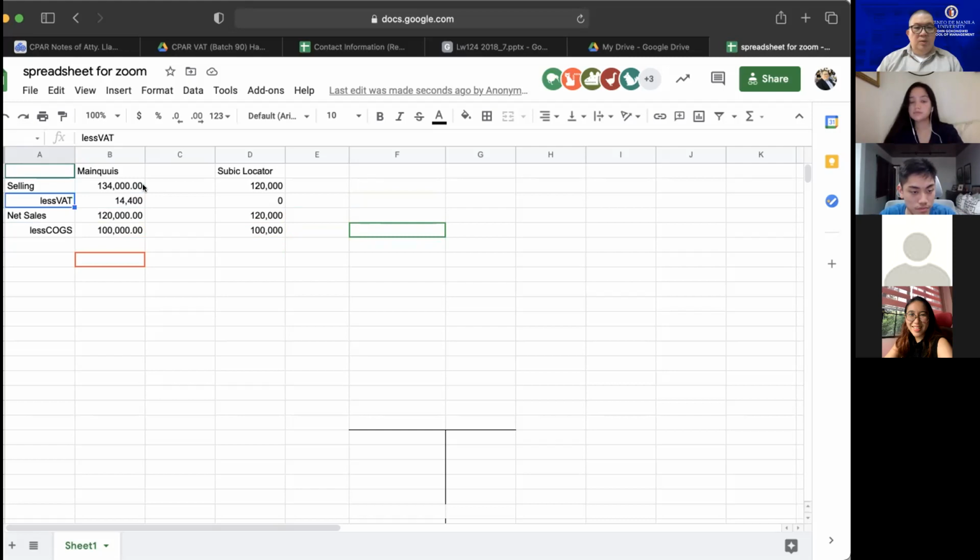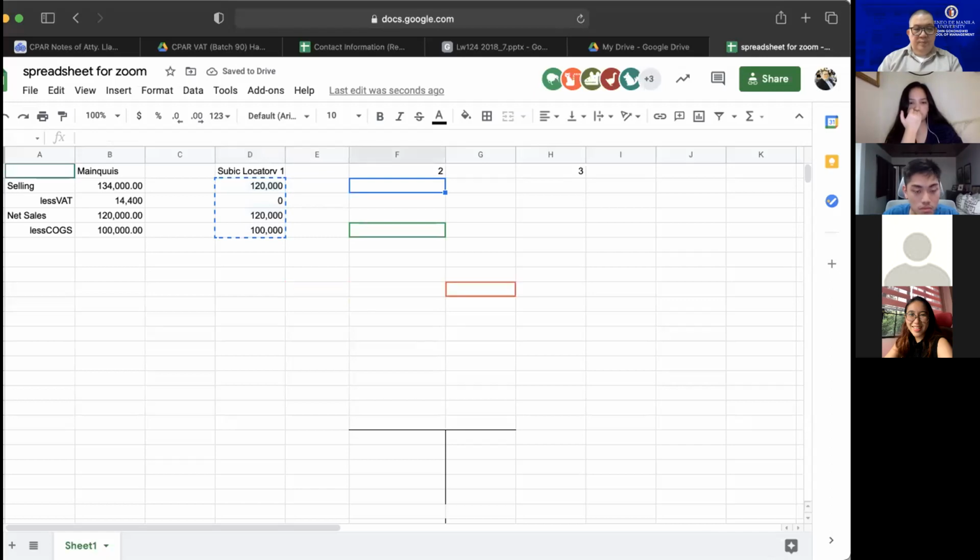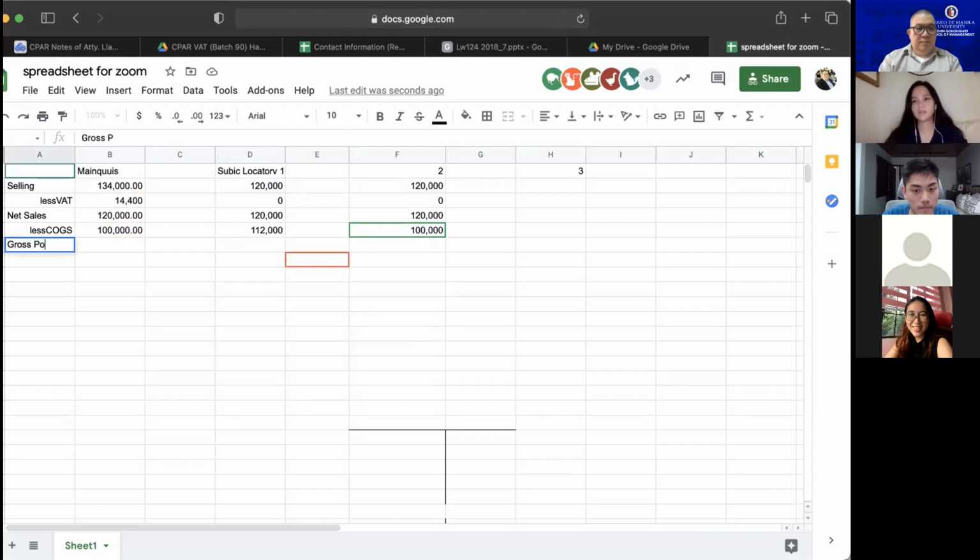So, you have options for Subic locator: 1, 2, 3. So, locator option 1. Okay.